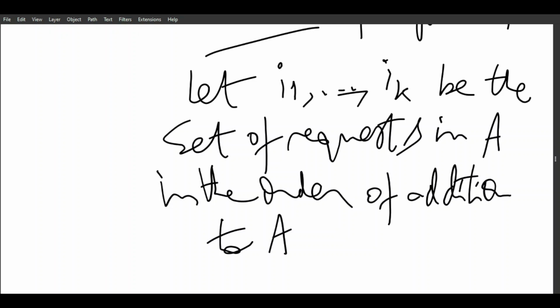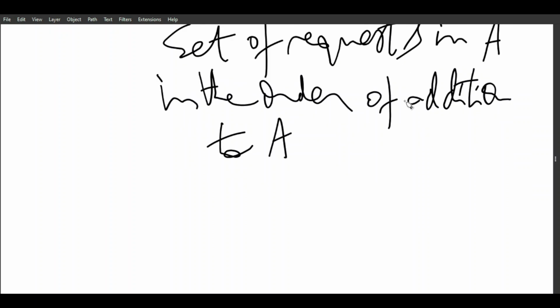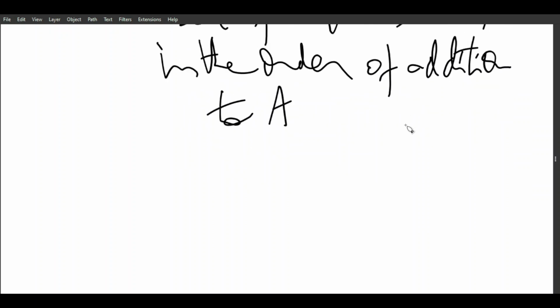We use this notation, and for O we use similar notation.